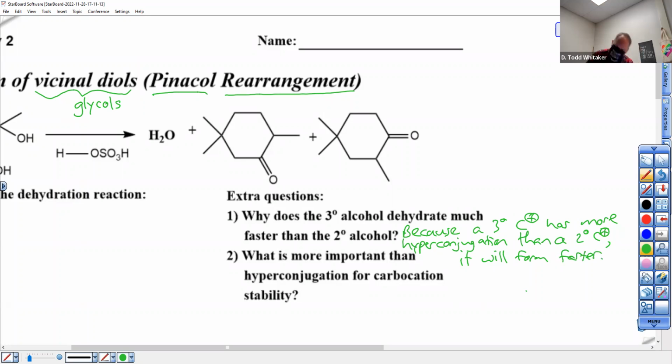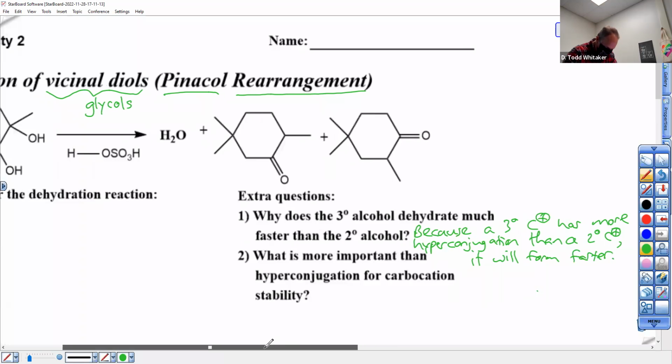So if it's forming faster over the same amount of time, there's going to be a higher number of tertiary carbocations compared to secondary. So in your mechanism, please consider both carbocations.